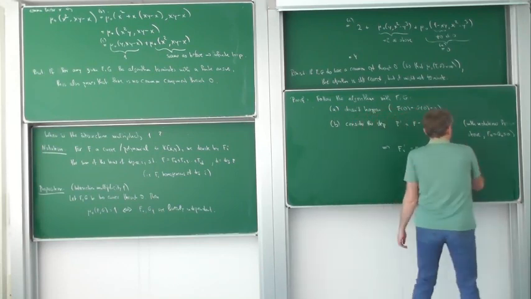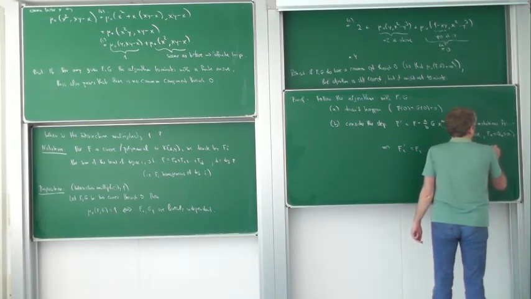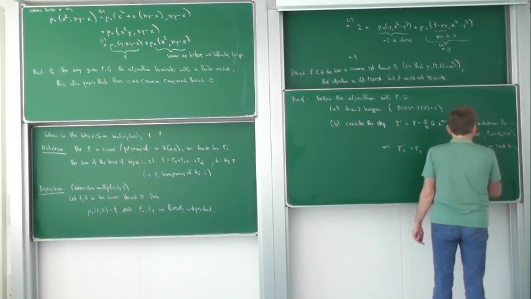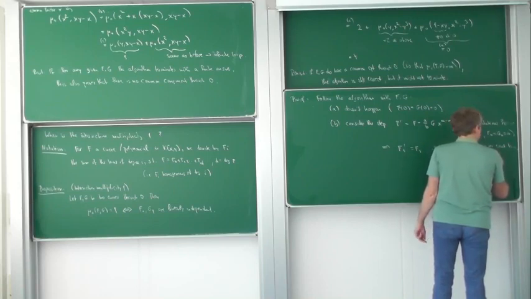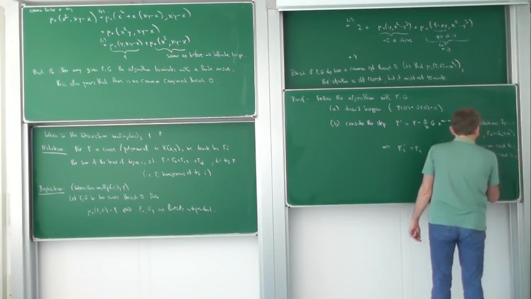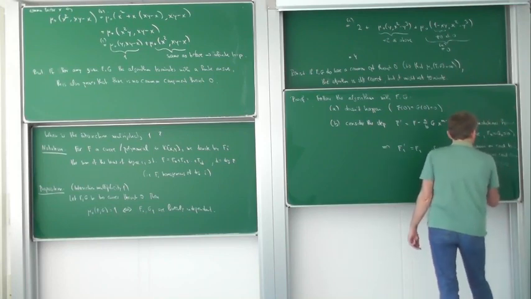Because g contains no constant term, and then x to the m minus n is also no constant term. And that means the degree of this thing, a over b g x to the m minus n, is at least 2 in every term.